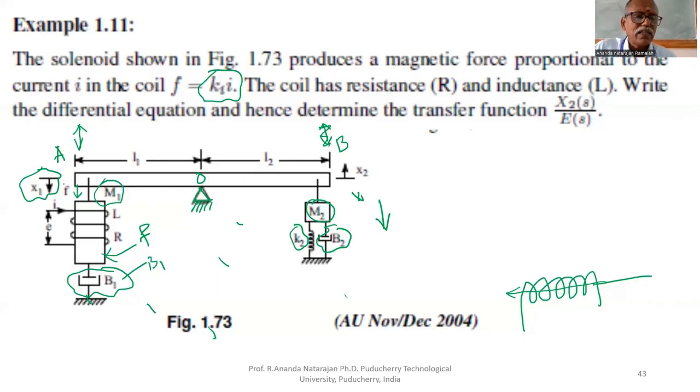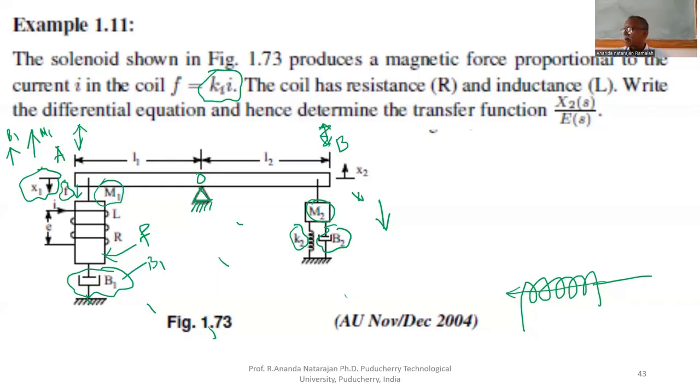Here, the applied force is F. That is downward, that's why displacement is downward. Therefore, reaction forces developed by M1 and B1 are upward. M2 is downward at this end. But anyhow, the reaction forces are trying to rotate the beam in the clockwise direction.